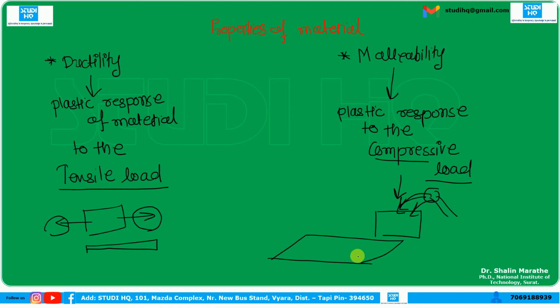So that is what compressive load is all about, which defines the property malleability. So there is the difference in load. This is related to the tensile load, and this is related to the compressive load. Both are plastic responses of a material, but one is related to the tensile, which is known as ductility. One is related to the compressive, which is malleability. Okay, clear?